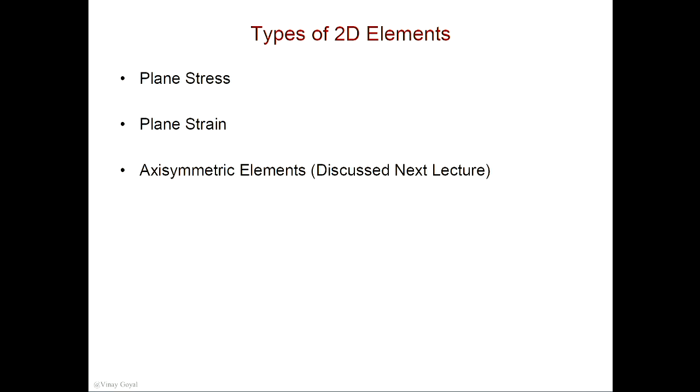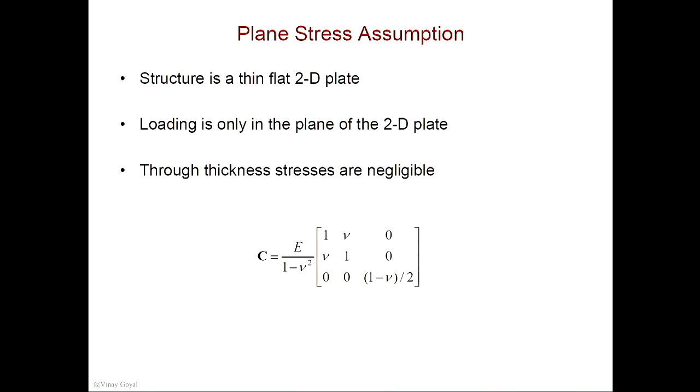So there are different types of elements. I'll cover axisymmetric next Thursday. But you have plane stress versus plane strain, in essence, for 2D elements. Plane stress usually works well when the structure is a thin, flat plate, so a 2D plate, say, where all the loads are in plane.